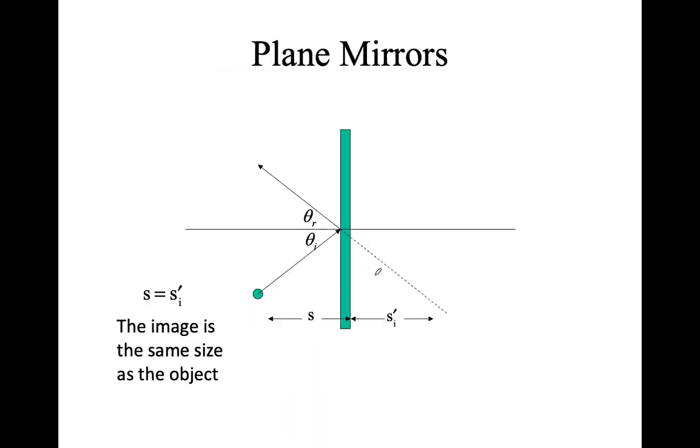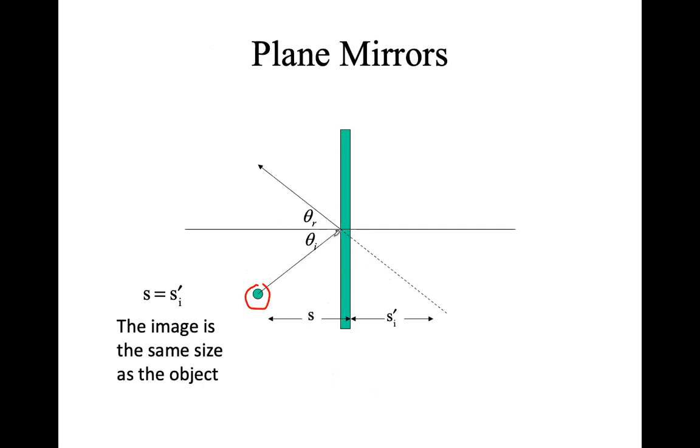Too bad we don't have more time to do curved surfaces, but let's talk about plane mirrors and see how we form an image. Let's say we've got a plane mirror right here, maybe like the one in your dorm room or your bathroom at home. Maybe that's your foot, because I put it down below. We call this distance the object distance. It's how far in front of the mirror you are.